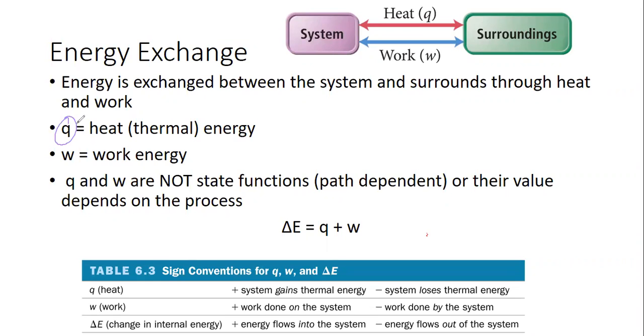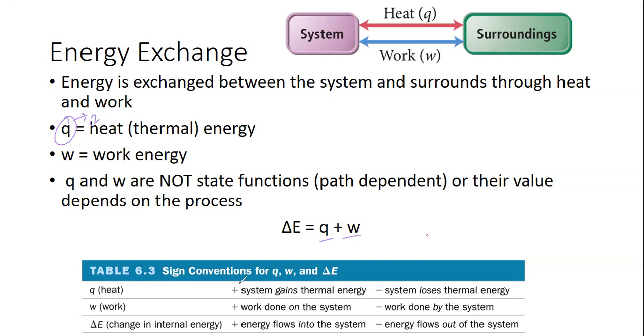Every time you see Q, that means heat. So we use Q for heat. When we calculate the change in energy, we can break that down into more parts, where we're calculating the difference of heat and the difference of work.